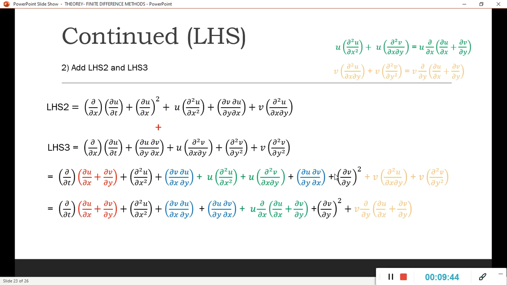To summarize, when we do this particular step, we can shorten this equation by saying that these two green terms become a singular term, and these two pink terms become this term, and the derivation is here.